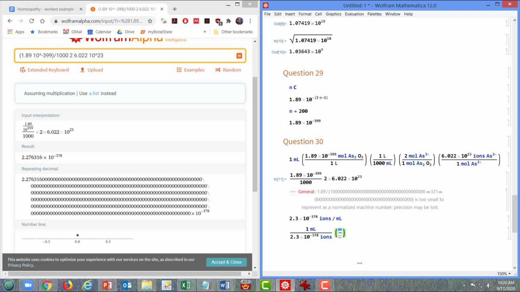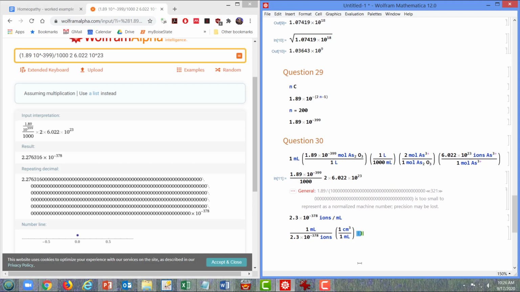Now, we know that in 1 liter... Oh, no, let's convert to cubic centimeters right now. That's going to be easier. So 1 milliliter. So we're now in cubic centimeters. We now know that 100 centimeters is 1 meter. But if we're going to cube these, then we have that.